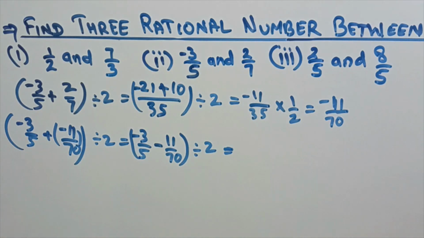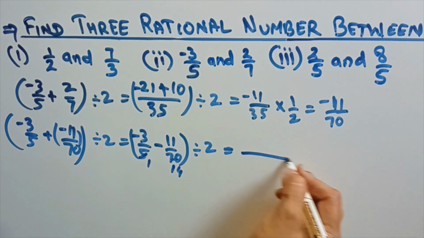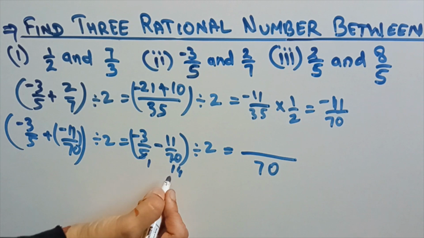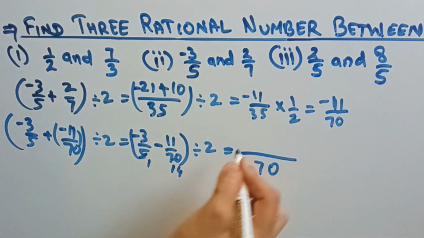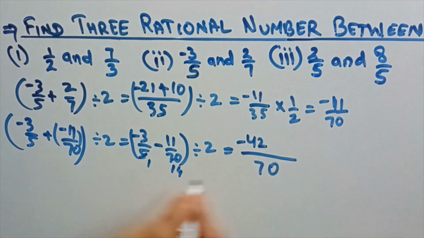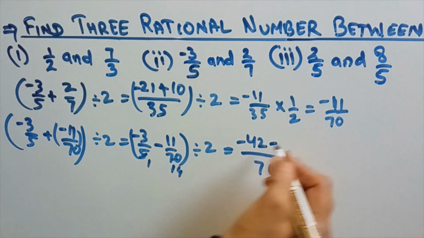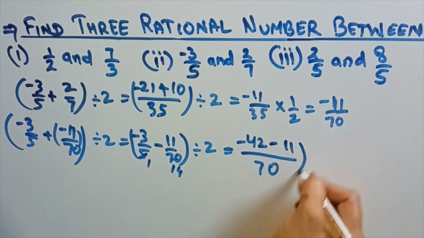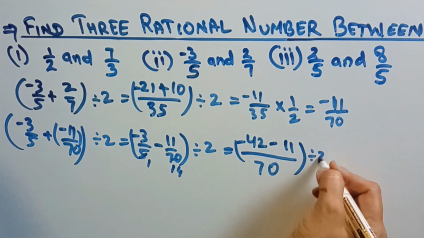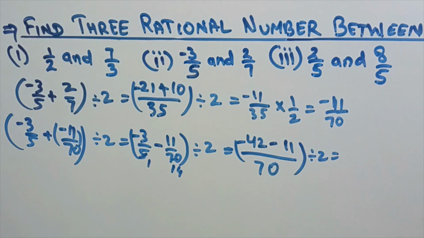Now take LCM or use a shortcut. 5 ones are 5, 5 ones are 5, 5 fours are 20. So I am writing 70 here. 14 threes are 42, minus 42, plus minus is again a minus sign here. 11 ones are 11. This is divided by 2.